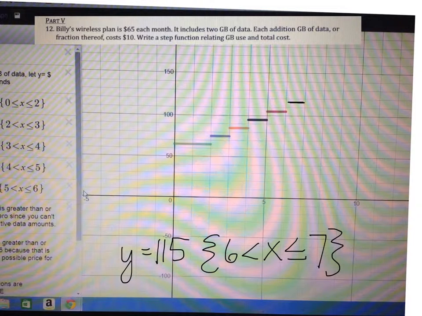And we do that forever and ever for every extra gigabyte, so it's going to be jumping this much for each, and we would have a different equation for each of these. So you literally have infinite equations for this problem.